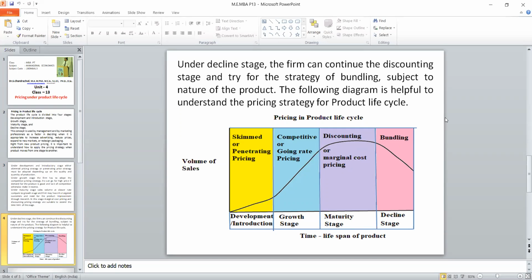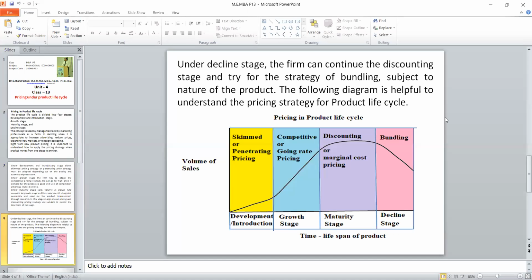The law of variable proportion, have you seen? That particular curve is nothing but a TP curve, total product curve. I think we have taken that particular class. You can recollect. There are three stages: law of increasing return, law of decreasing return, law of negative return. These three will be there. So that shape is nothing but total product curve.